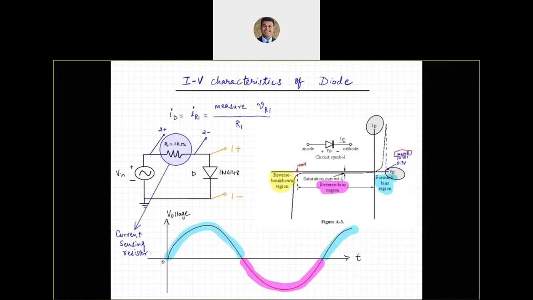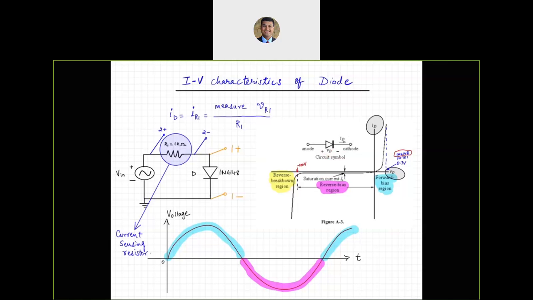You might remember the LC circuit experiment, the inductor capacitor resonance. We used a diode so that the energy exchange is only between the L and the C.